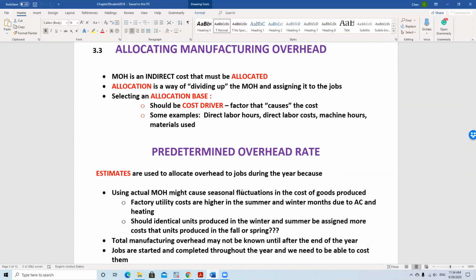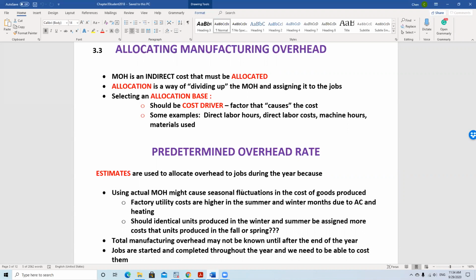So manufacturing overhead is an indirect cost that must be allocated. So this allocation is a way of dividing up the MOH and assigning it to the jobs. So why do we do that? For example, in a Ford factory, Ford is producing maybe F-150, Explorer, every different car in the same factory, and then you will have depreciation of the equipment or the factory building, and you will also have utilities.